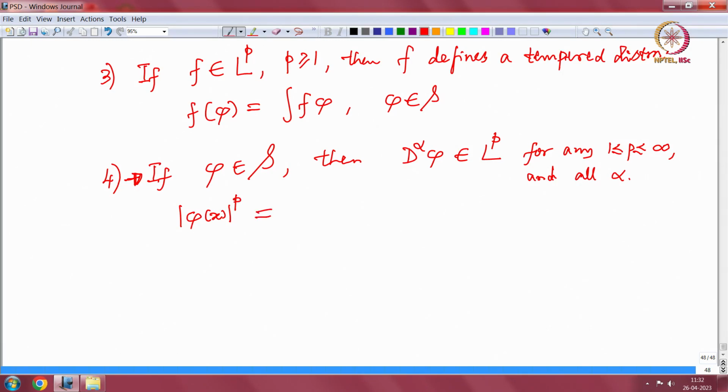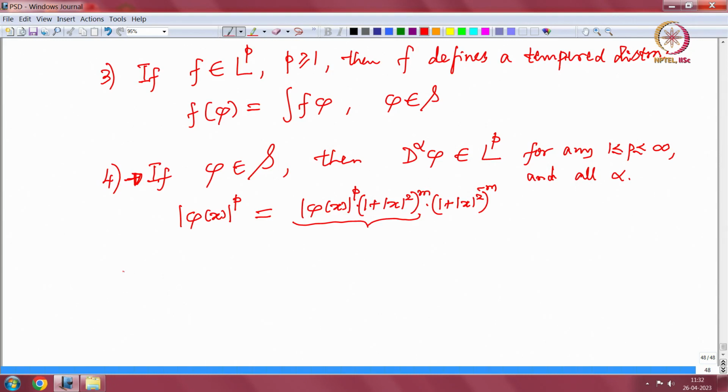You do the same thing for other derivatives. I multiply this by this polynomial, 1 plus mod x square to the m, and then to the minus m. Since phi is in Schwartz space, this supremum is a bounded function for any m. For any m I can do that.